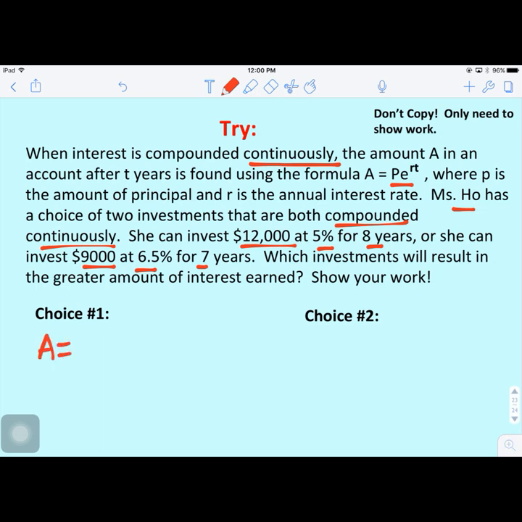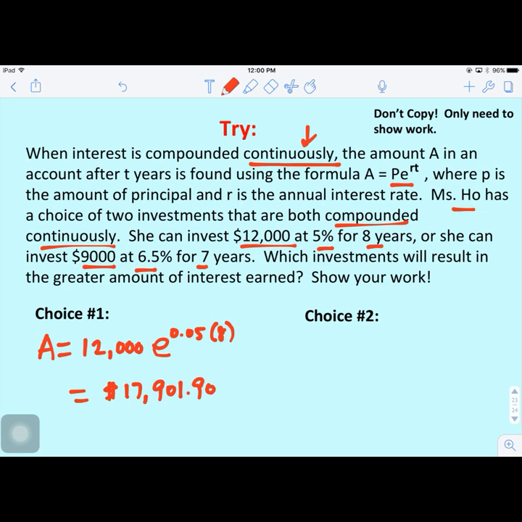So first, we are going to calculate the interest for Ms. Ho's first investment, which is at $12,000 principal. Because it's continuous, we're going to use the PERT formula, and that will be e to the 5%, which is 0.05, times 8 years, and that will give you a total of $17,901.90.